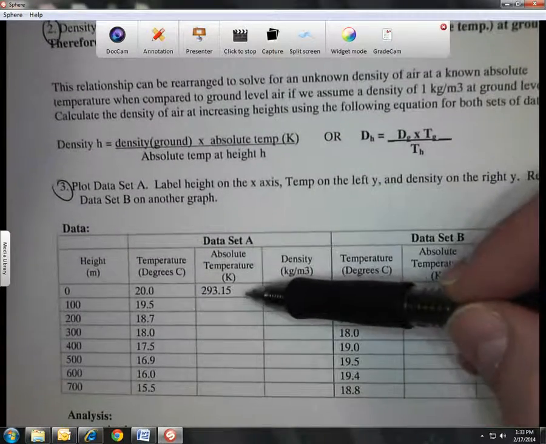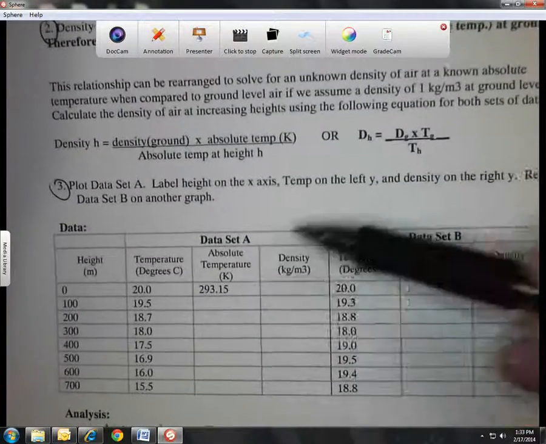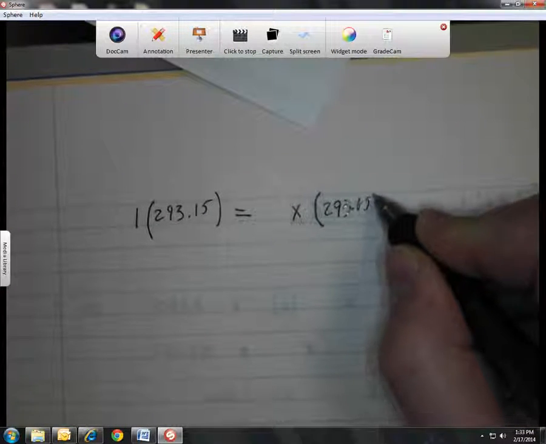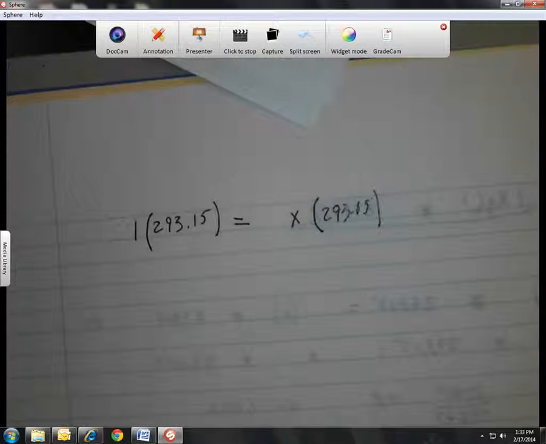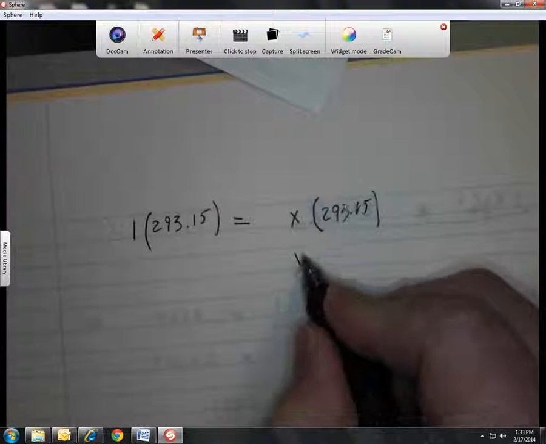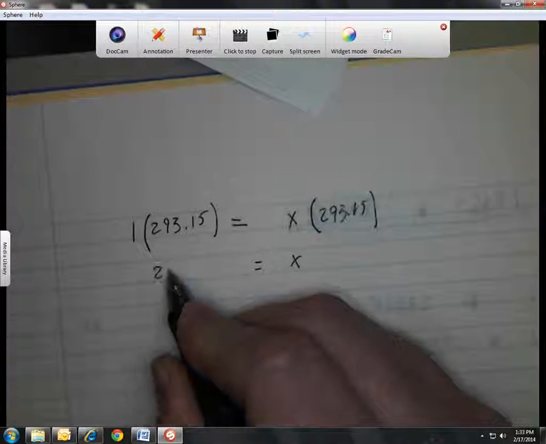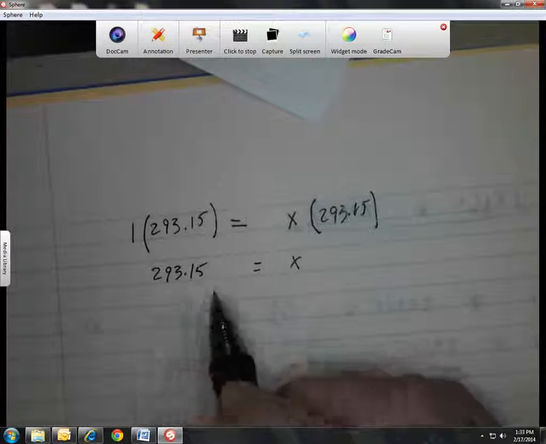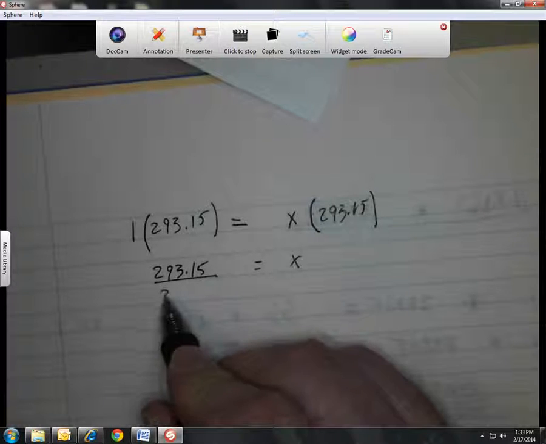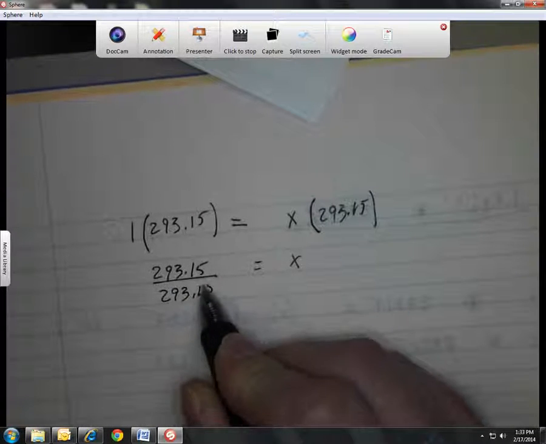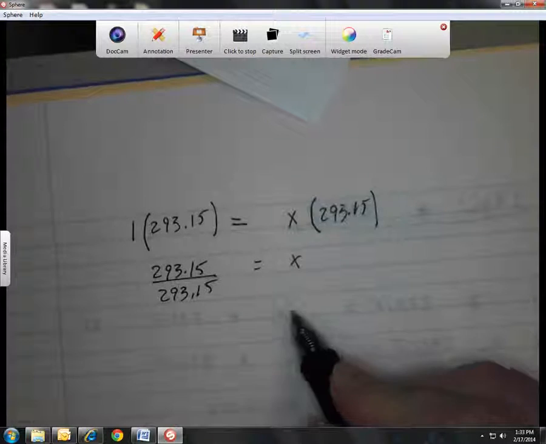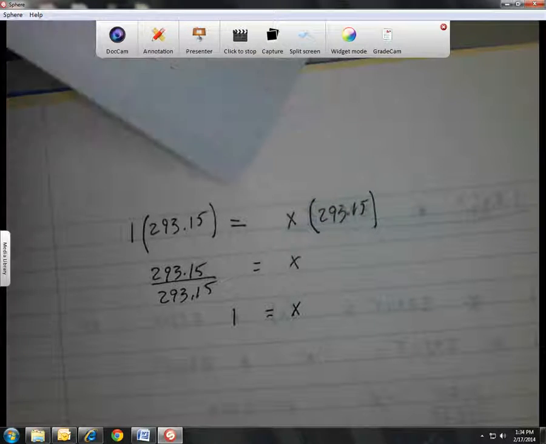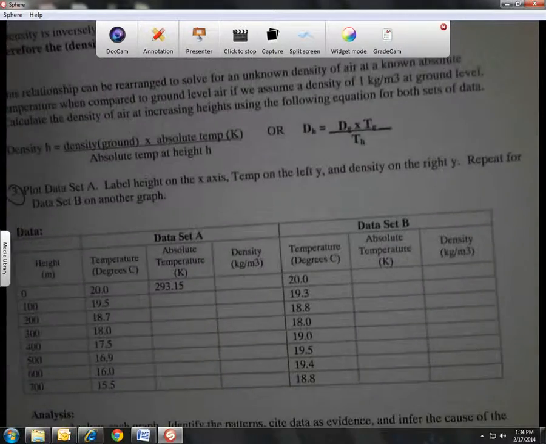So that's going to be times 293.15. You should be able to solve for x. We know that x is going to equal 293.15 divided by 293.15. So x is going to equal 1. So for this first part, since we're at ground level, our density is going to be 1.